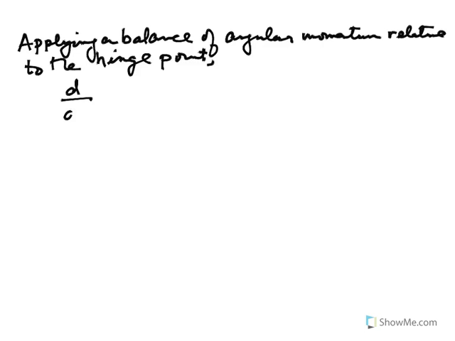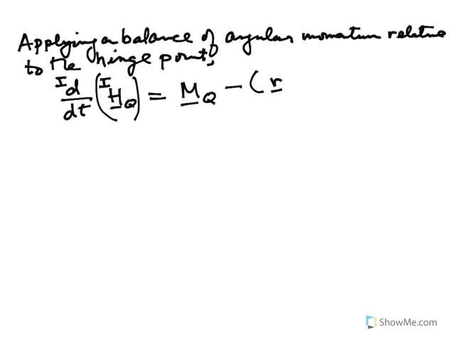We've got d/dt in I of H^Q/I is equal to the moment due to all forces external to the system relative to point Q, minus (r̄ minus r_Q) crossed with M a_Q/I. Let's line these up.